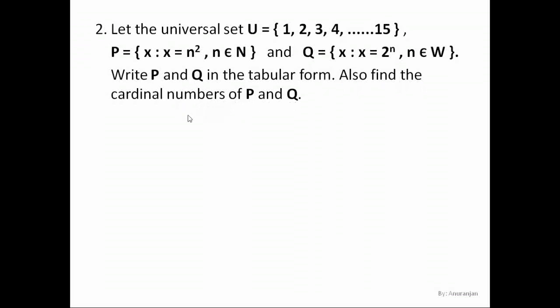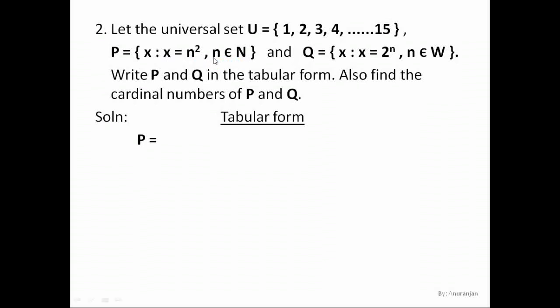So first we have to write the set P and Q in tabular form. Let's do it. So here set P will be what? X such that x is equal to n square and n belongs to natural numbers. So here what will n be?